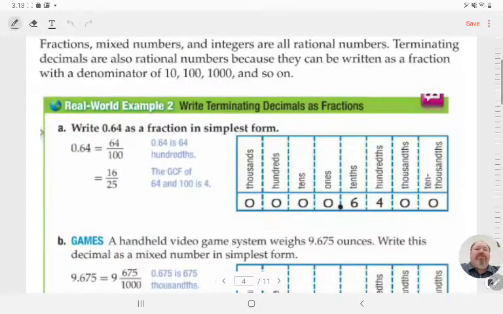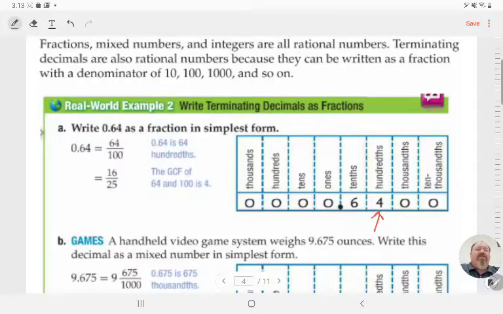So now let's talk about how fractions, mixed numbers, and integers are all rational numbers. Terminating decimals are also rational numbers because they can be written as a fraction with a denominator of 10, 100, 1,000, and so forth. So we are to write 0.64 or 64 hundredths as a fraction in simplest form. The 4, which is the last digit, is in the hundredths spot.